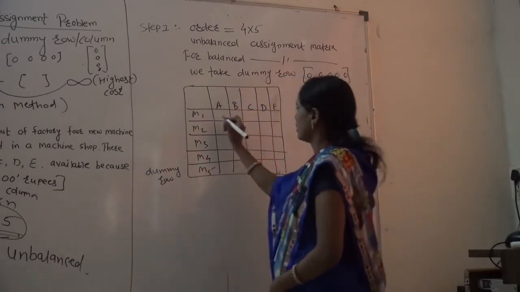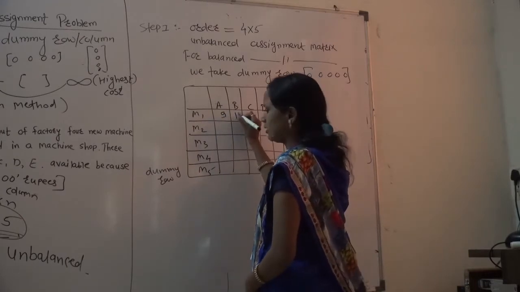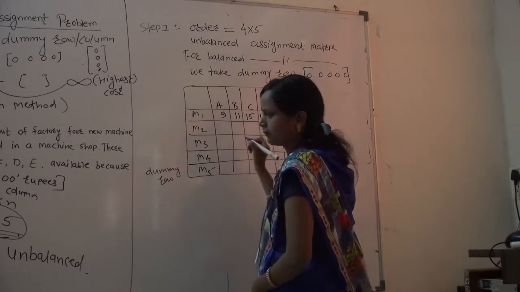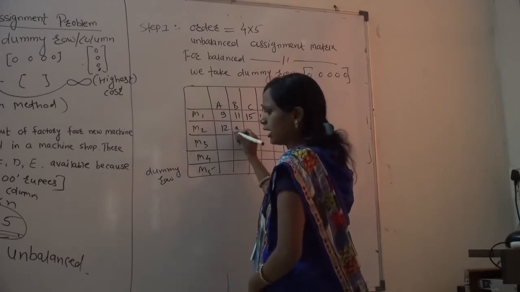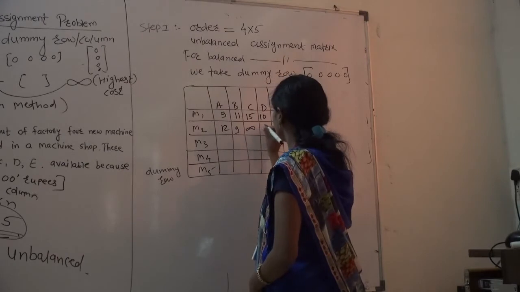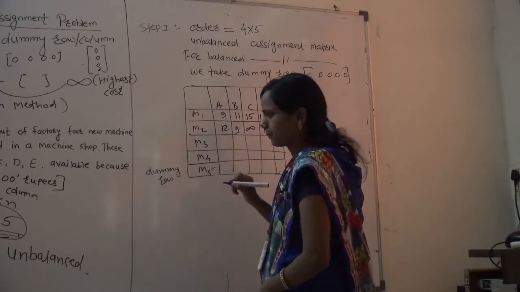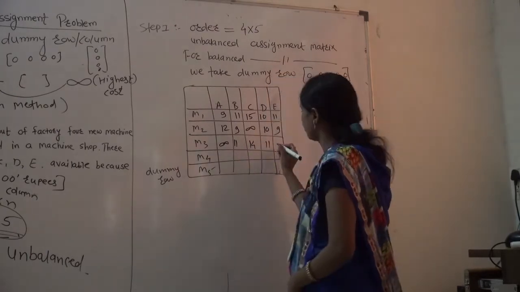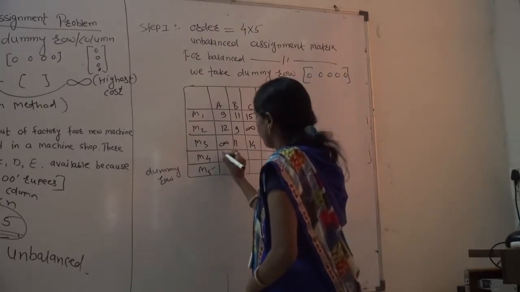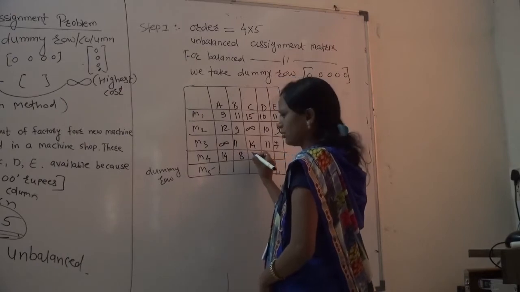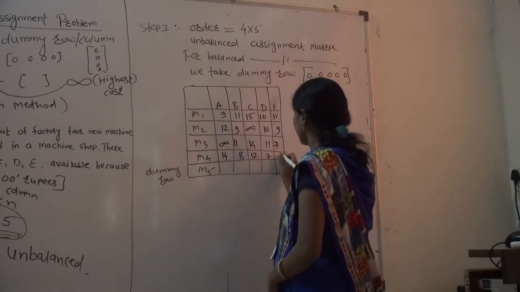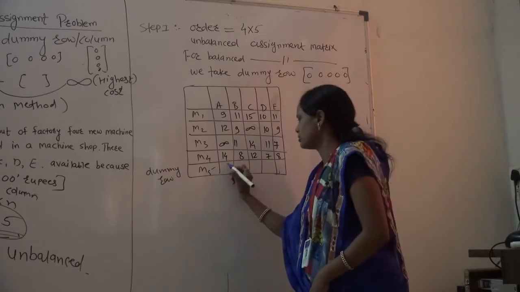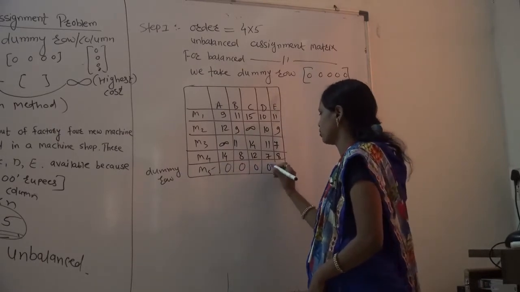So write down here 9, 11, 15, 10, 11, 12, 9, infinity, 10, 9, infinity, 11, 14, 11, 7, 14, 8, 12, 7, 8, and our adjustment dummy row is 0, 0, 0, 0, 0.